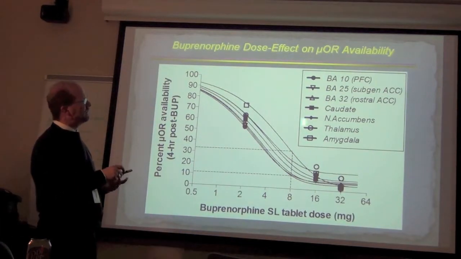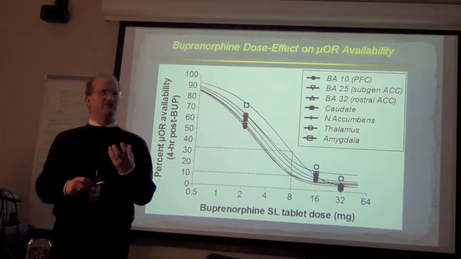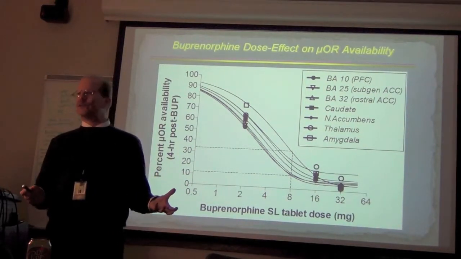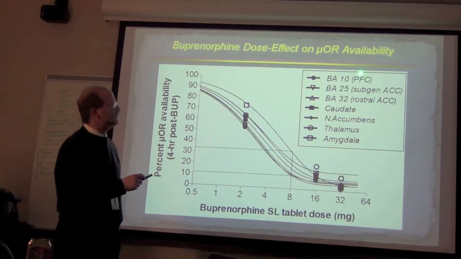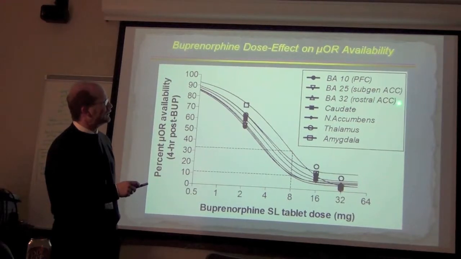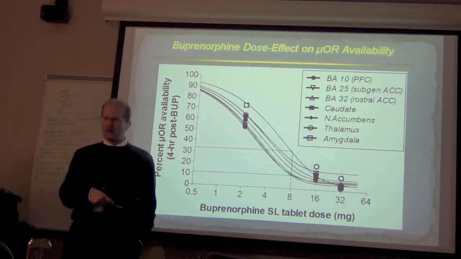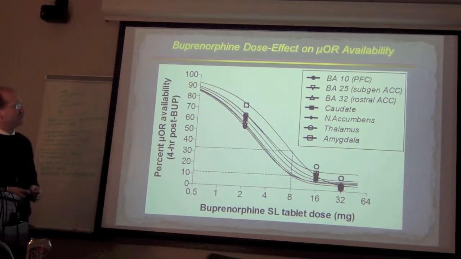We measured in various brain regions of interest, areas in which we know there are relatively high concentrations of mu opioid receptors, including Brodmann area 10, which is prefrontal cortex, both the subgenual and rostral anterior cingulate cortex, areas 25 and 32, caudate, nucleus accumbens, thalamus, and amygdala. All of these are involved in various aspects of drug response, affective, motor, sensory processing, and so forth, decision making.